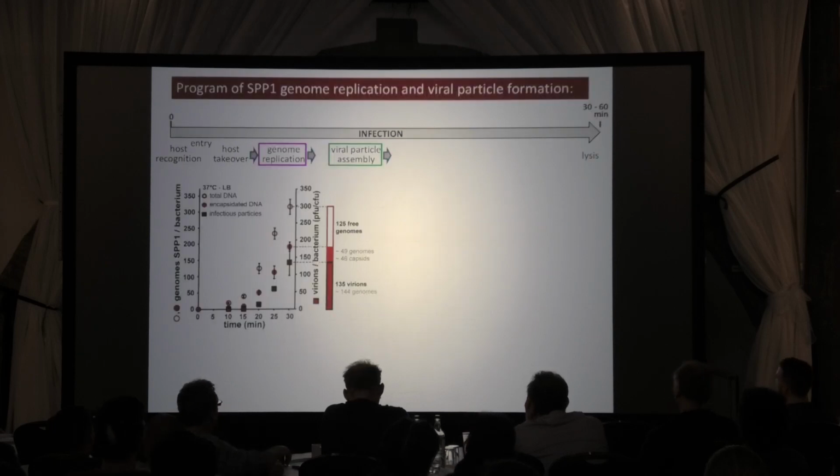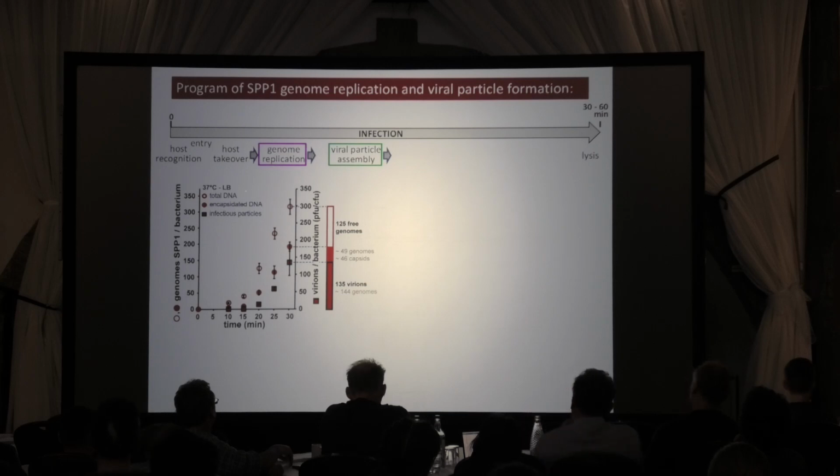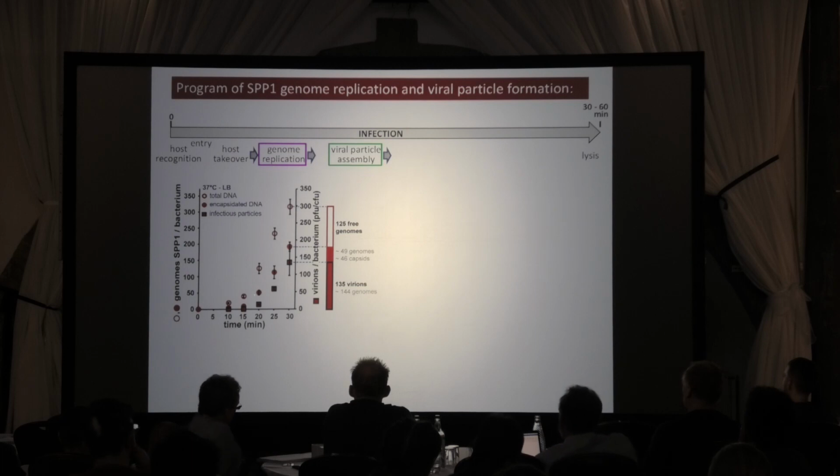The first experiment we made was to put some numbers on the infection process. This is a qPCR experiment in which we quantified the number of genomes synthesized in the cell, with infection in rather artificial conditions, 37 degrees in LB, where everything goes fast and replicates very efficiently. Replication starts around 10 minutes and grows exponentially until lysis. DNA packaging follows, as you would expect from the books.